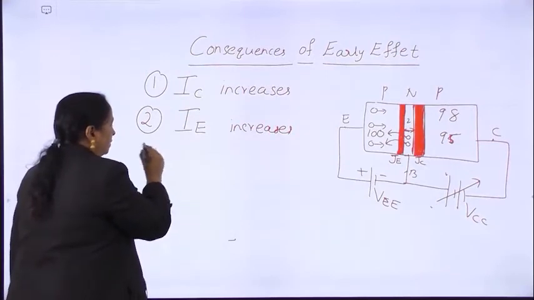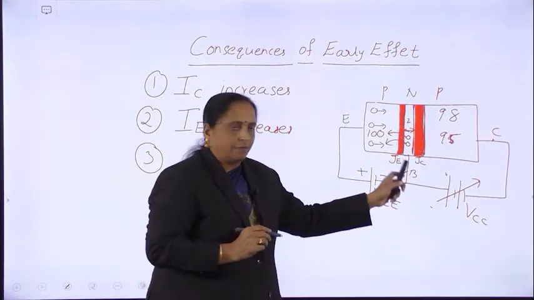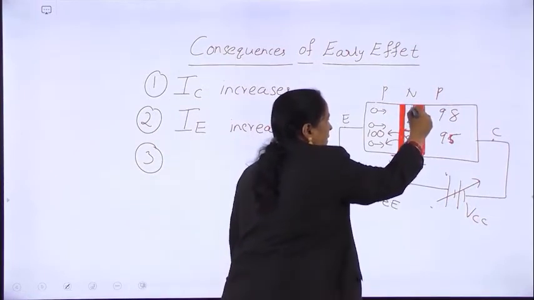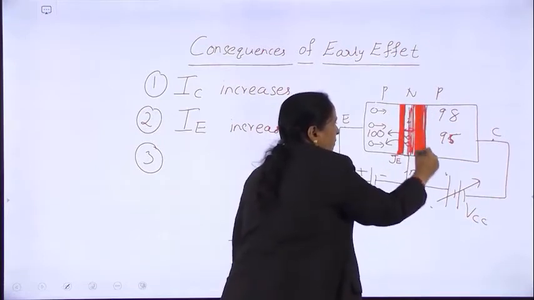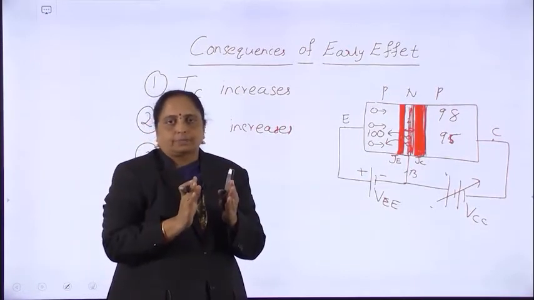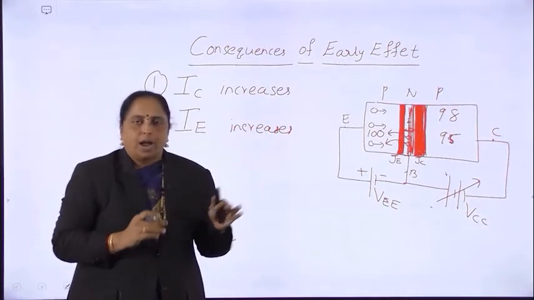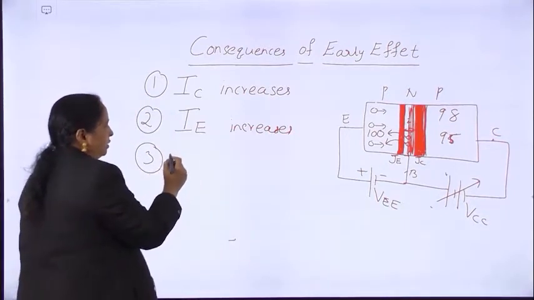Third consequence. This is an extreme case where, if you go on increasing the reverse bias, the effective base width decreases and the depletion width increases further, and finally at a certain point, the base width is completely closed. In that case, the base current is almost 0 and it will lead to the destruction of the BJT.